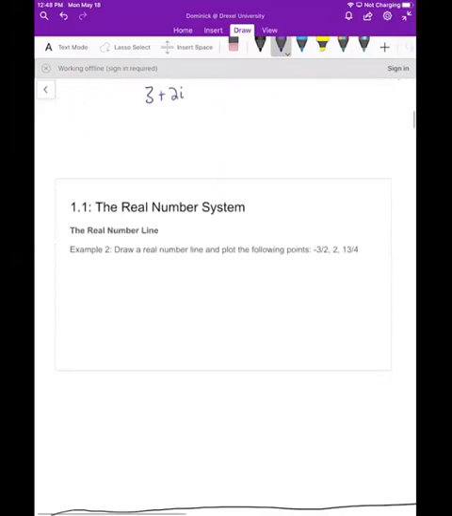Okay, now the last thing I want to discuss in this video is just the concept of a real number line, which we will use frequently throughout the course. But if we want to draw a number line, and we'll plot these points on here, we just draw a horizontal arrow. And usually it's helpful to just indicate where 0 is, right? 0 is sort of the center of your number line.